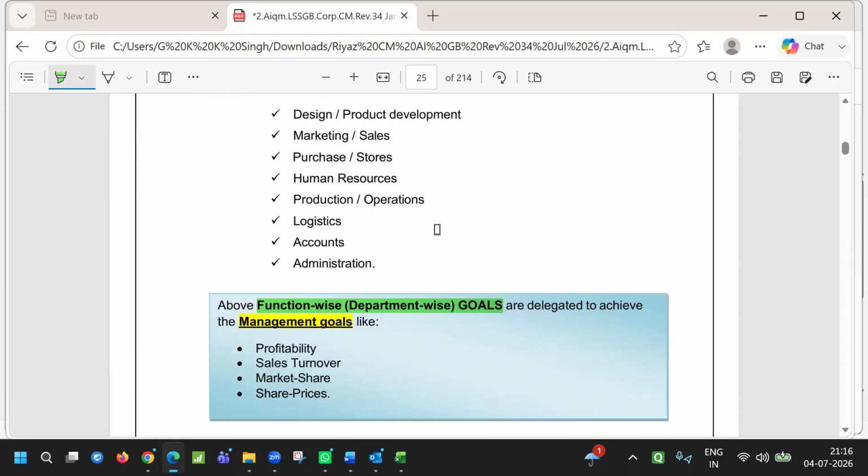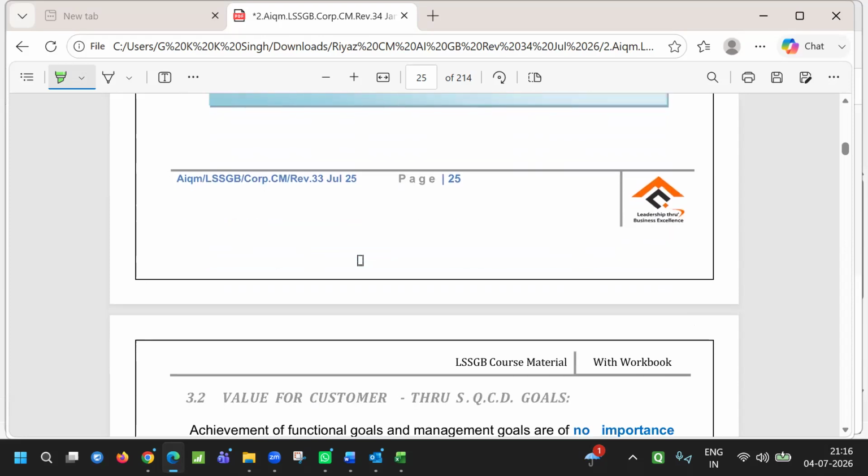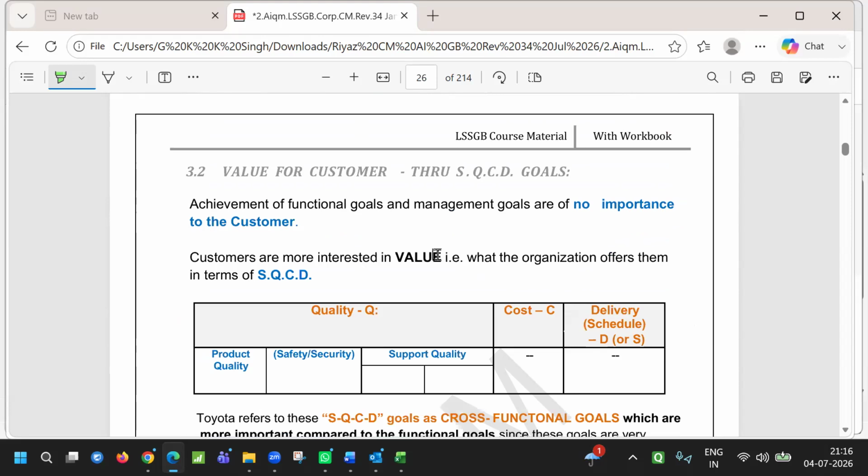What is customer concerned with? What value the organization delivers to the customer. So that's what we are saying here, that achievement of functional goals and management goals are not important for the customer.